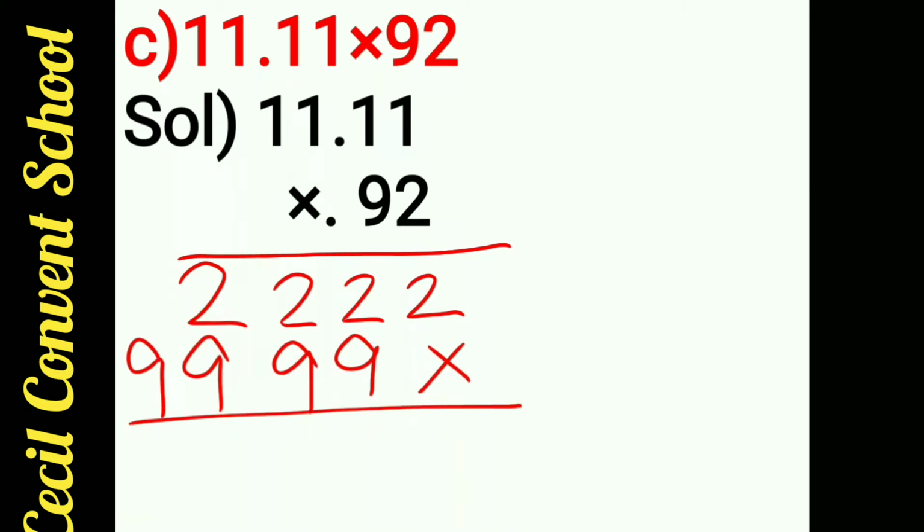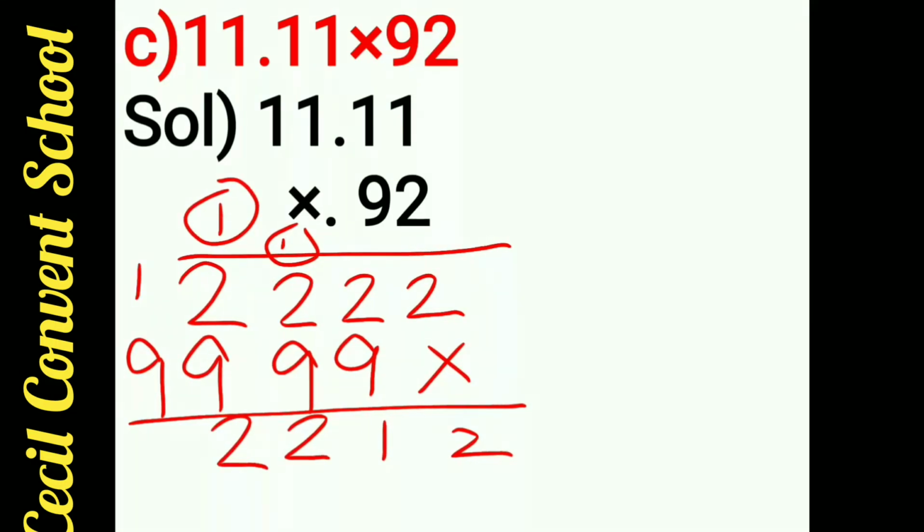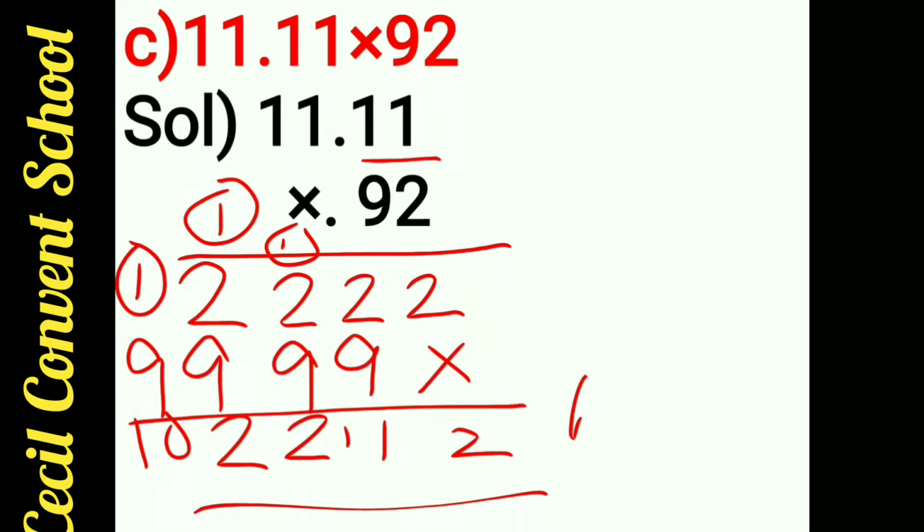Now you have to add them. 2, 11, 9, 10, 11, 12 again, 10. So the decimal is after 2 numbers. So here it comes. So the answer is 102.12. Clear, students?